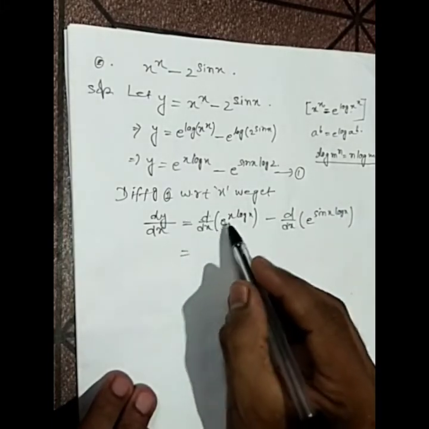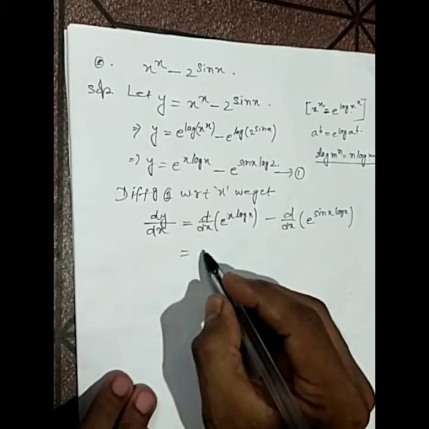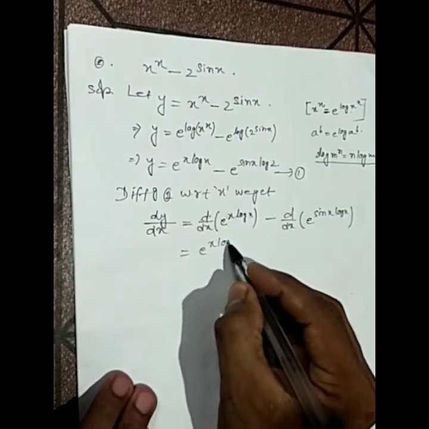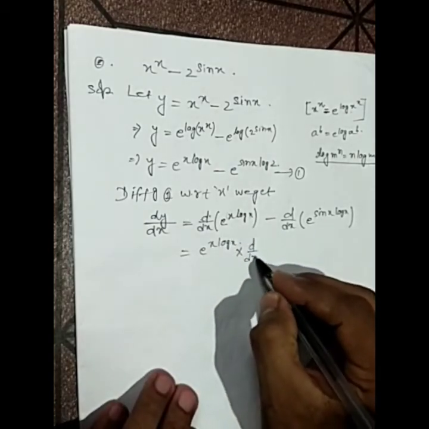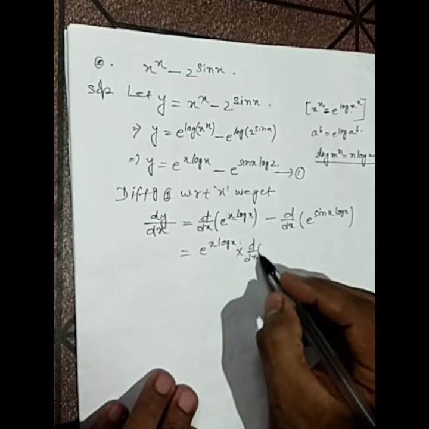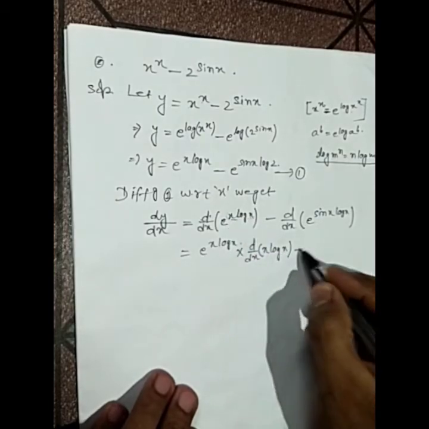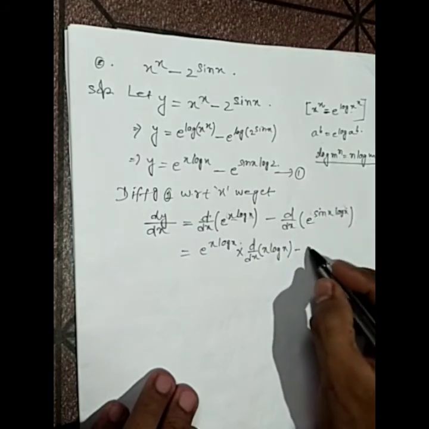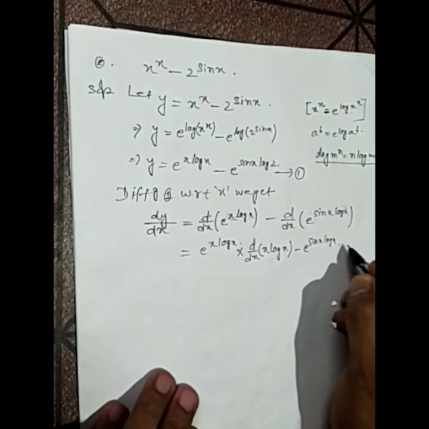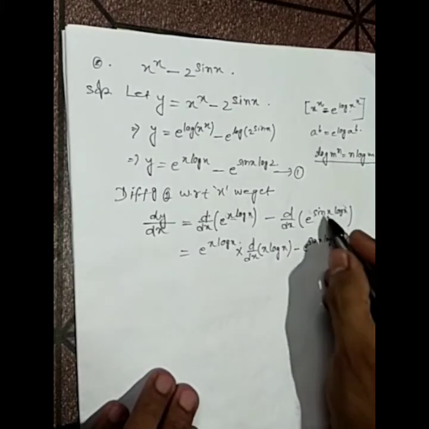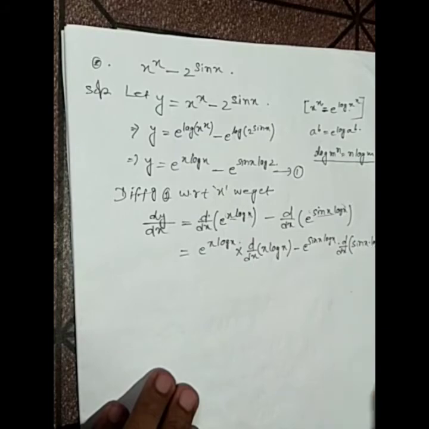Now you see d/dx of e power x, take this as x. Now d/dx of e power x means e power x into d/dx of the remaining term. This is the remaining term because I have taken this as x. Minus d/dx of e power x similarly is e power x into d/dx of this term sin x into log 2.